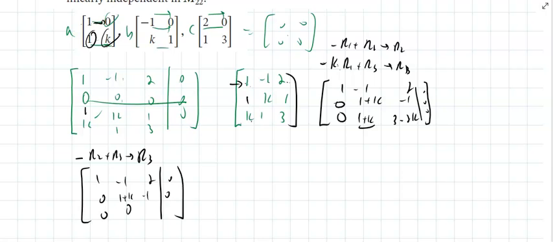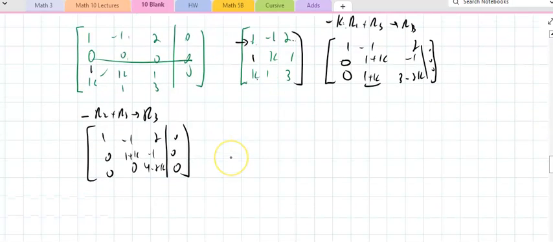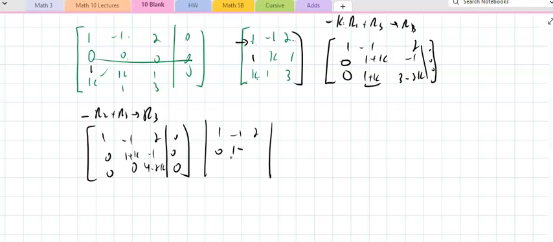And 1, that's 4 minus 2k. And as you see here, instead of solving, this is a triangular matrix, I could just say the determinant of this. That's a quick way. Determinant will be 1 times 1 plus k times 4 minus 2k. Now, very easy.